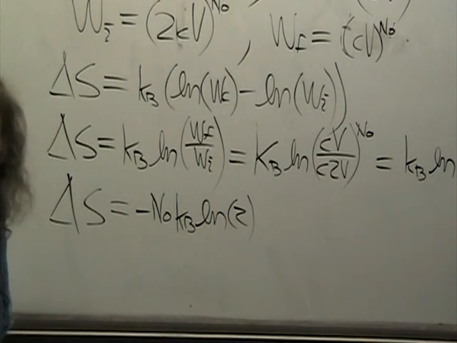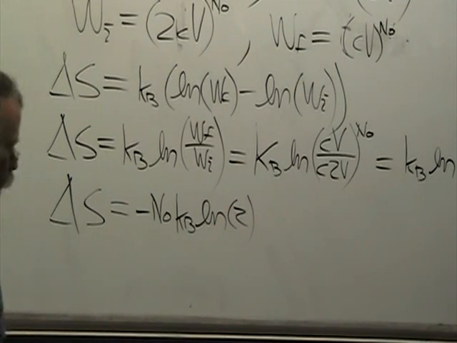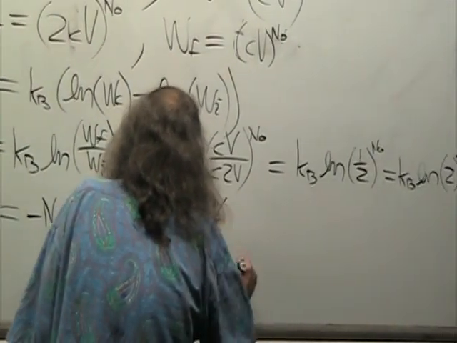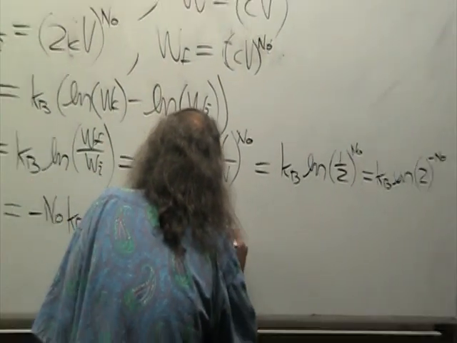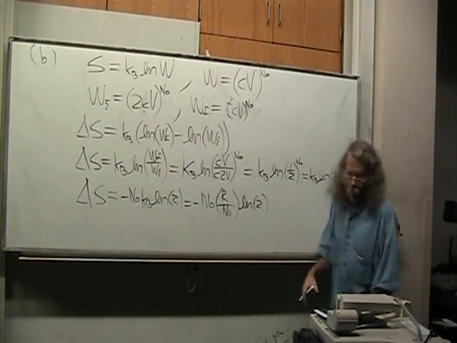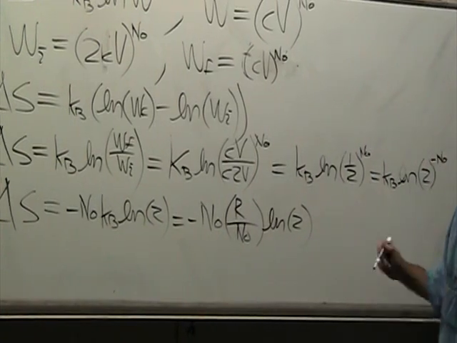And now we just have to substitute in what KB is. What is Boltzmann's constant? R over N naught. It's the gas constant divided by Avogadro's number. So that's equal to, okay? And now that drops out.